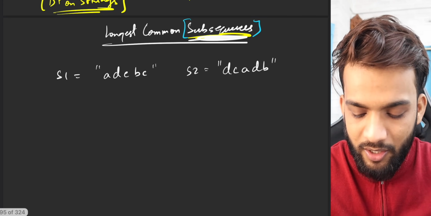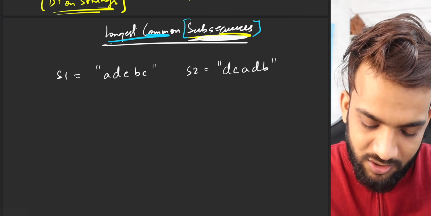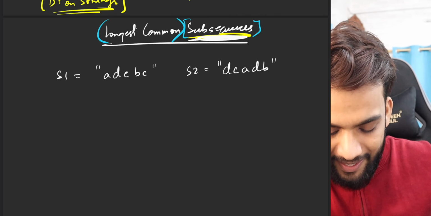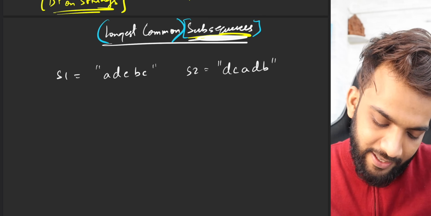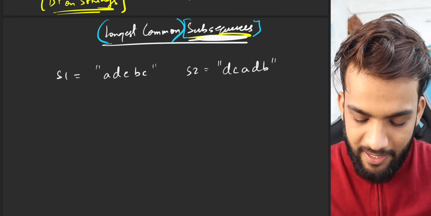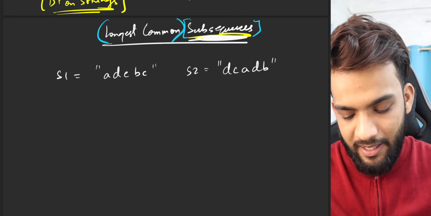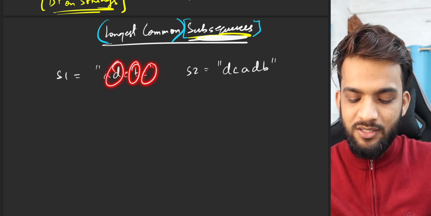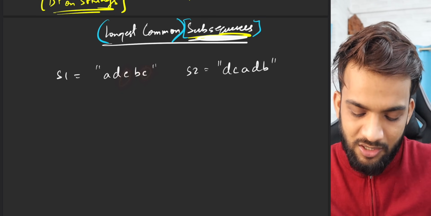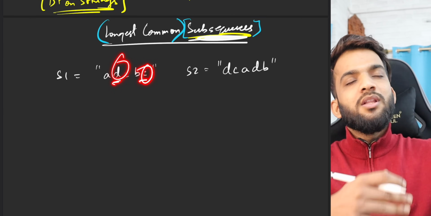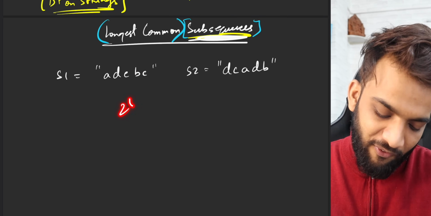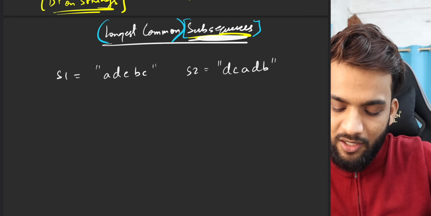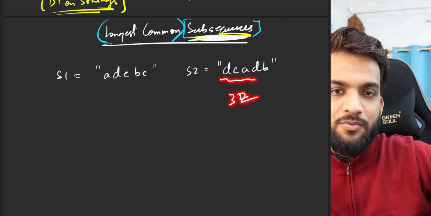So what is longest common subsequence? What does this term signify? Over here, ADE is a subsequence, ADB is a subsequence, AEC is a subsequence, DBC is a subsequence, EC is a subsequence, DC is a subsequence. There can be 2 to the power 5 subsequences, 32 different subsequences. Similarly over here there can be 32 subsequences.